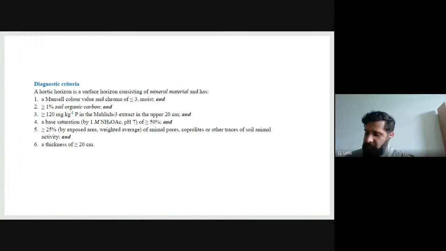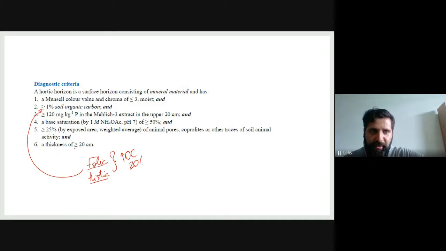So let's do again a kind of differentiation of each one. The photic horizon and the hestic horizons should present a high content of organic carbon. How high? At least 20%. And for the Hortec, we just need 1%. So it's less than 20% and equal or higher than 1%.